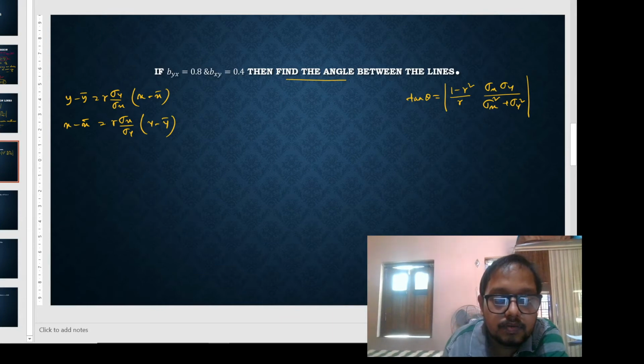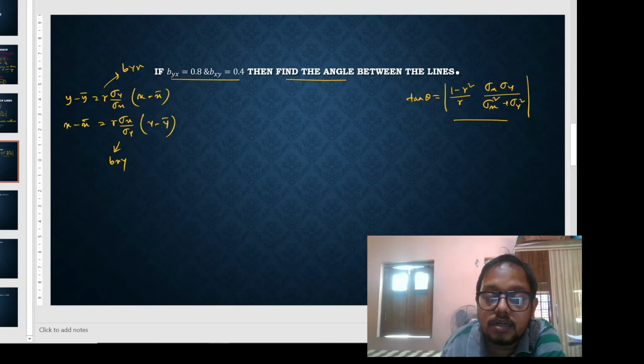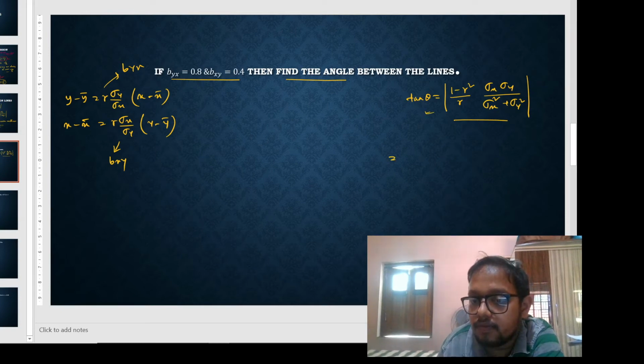And we know that this one is known as byx and this one is known as bxy. Here this is given and here we know this relation. So how can we find the angle? Let's see how we can find the angle by modifying this formula. Let's make it 1 minus r square divided by r.